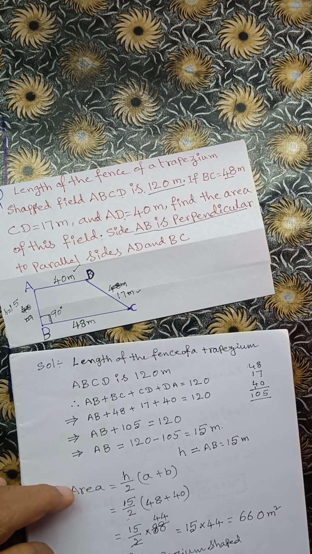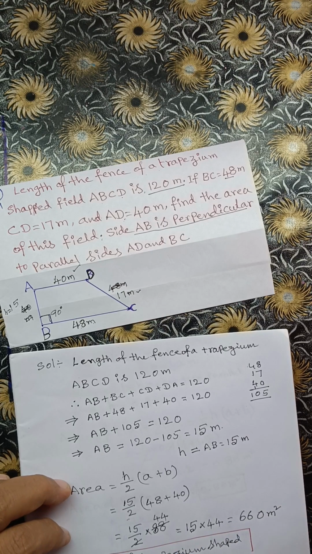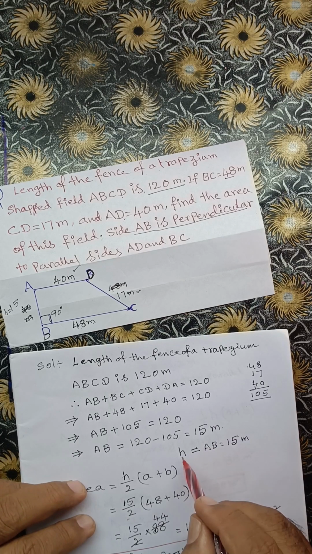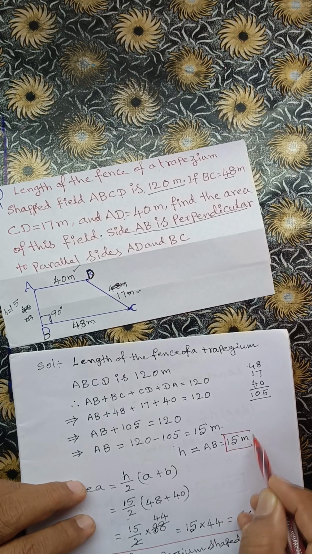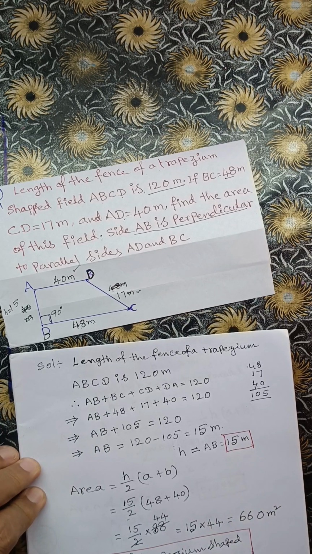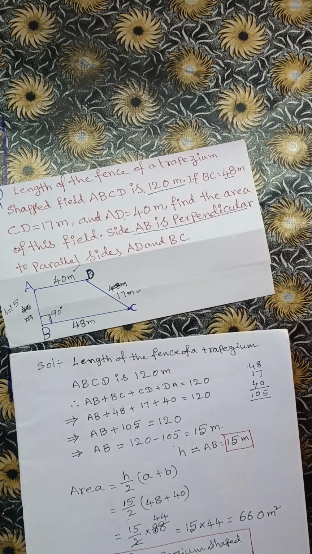So this is the answer. And h is equal to this. And area is equal to 660 meters square. Okay.